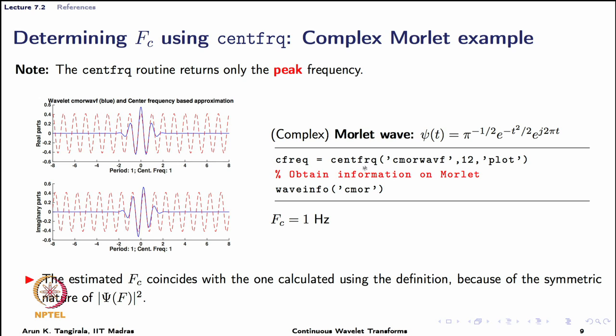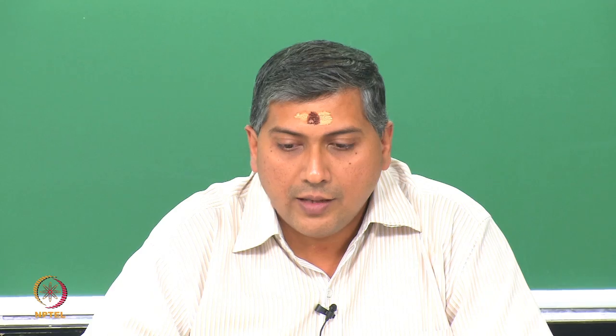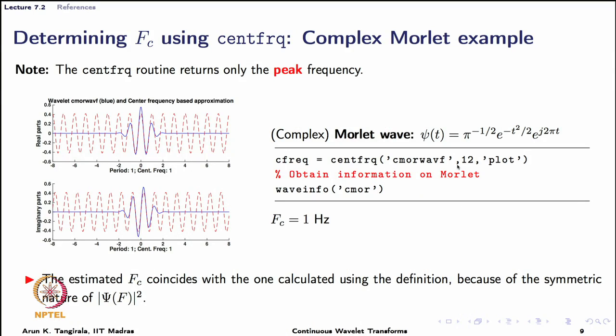So, the syntax for CENTFRQ is that you specify the wave for which you want to compute the center frequency. The second argument here depends on the wave. If there is a closed form expression, the second argument essentially specifies the number of grid points over which you want to compute the wave. In fact, it is a power of 2.